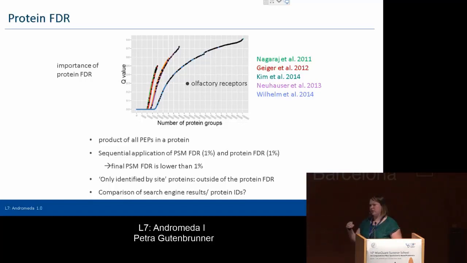So maybe there is a phosphorylation on the protein, but this would not make it through the FDR. We still want to offer you this information of the phosphorylated proteins. That's why we leave them in, and you should filter them out. And when you do a comparison between search engines, make sure that you really apply the same settings on both sides.